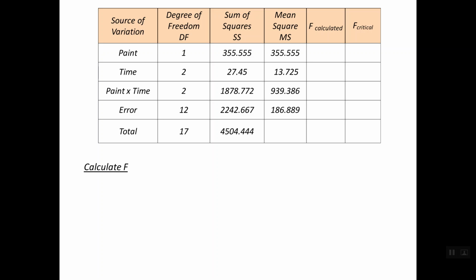Now we can calculate the statistic F, or the F calculated. It's very easy to calculate the value of F. We need to calculate the F for the first factor, which is the paint, for the second factor, which is the time, and for the interaction between the two factors.